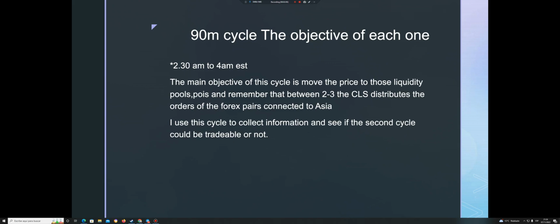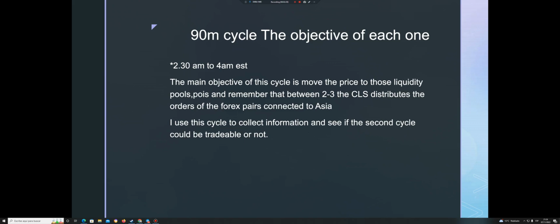That's because between 2:30 and 4 there is not a lot of volatility. So imagine the price is running to those stops of Asia high. It takes Asia high between 2 and 4, and when it comes to 4, the CLS starts distributing for those European pairs.